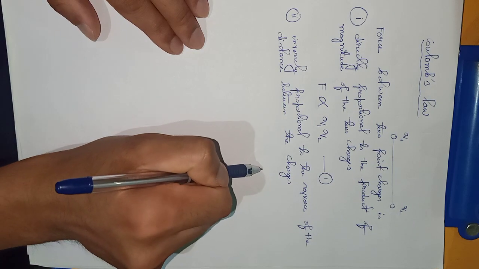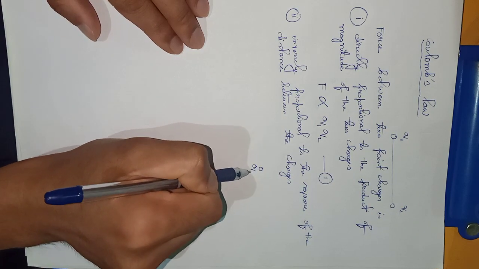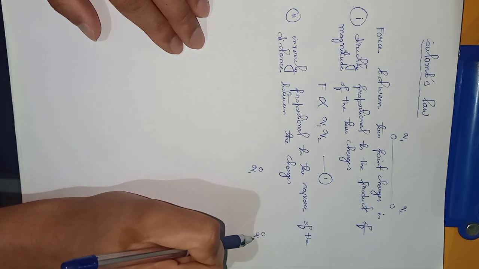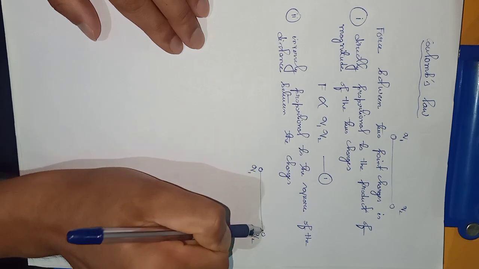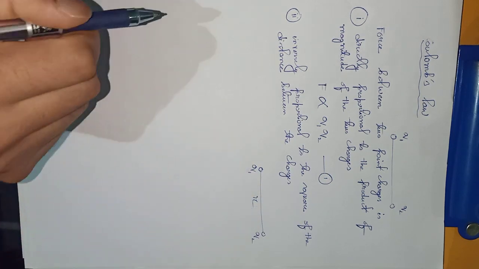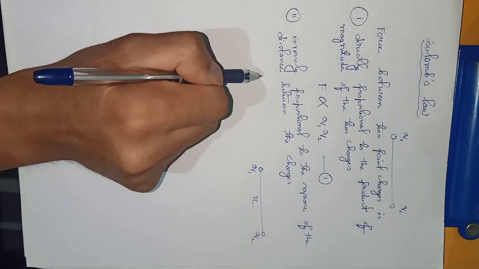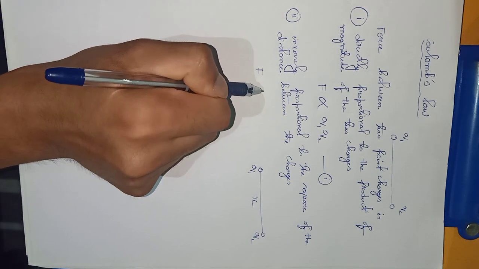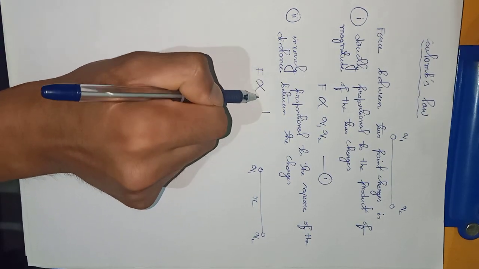Now, if these two point charges Q1 and Q2 are placed at a distance r apart, then the second one says that F is inversely proportional to r square.